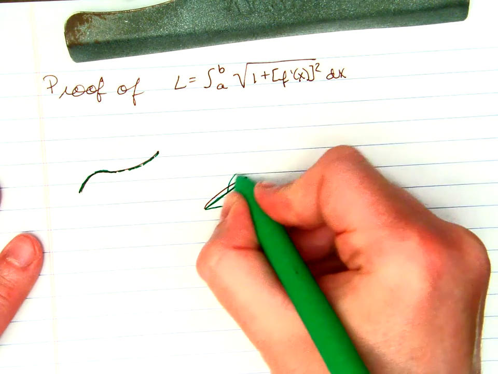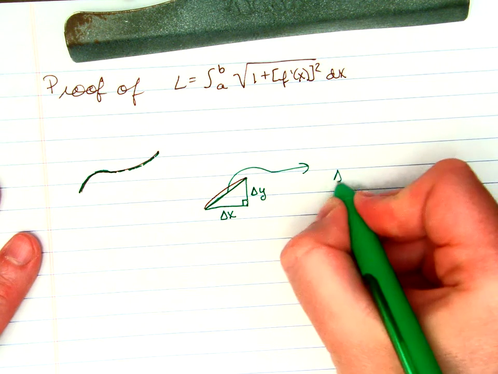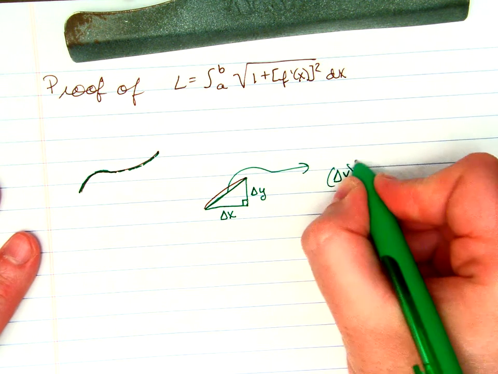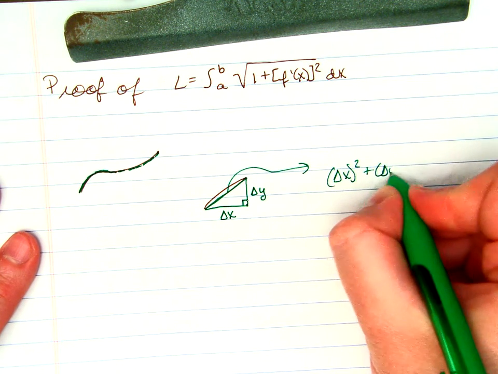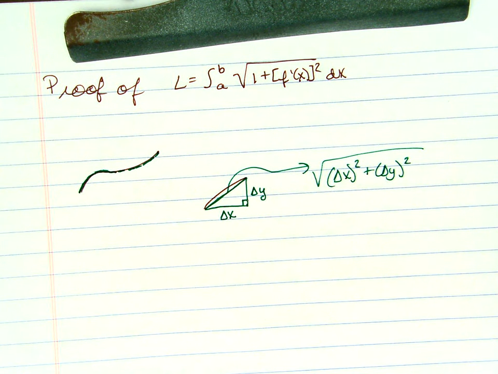To figure out the distance, I can just use the Pythagorean Theorem: delta x squared plus delta y squared, take the square root. That gives me one of my little arc length pieces, little segments I'm using to approximate my arc length. If I add them all up, I'm going to get the total arc length, which doesn't really look like my formula. So I have a little bit of work to do.